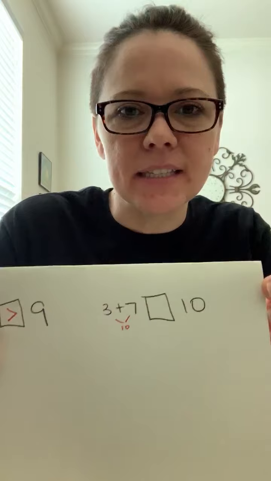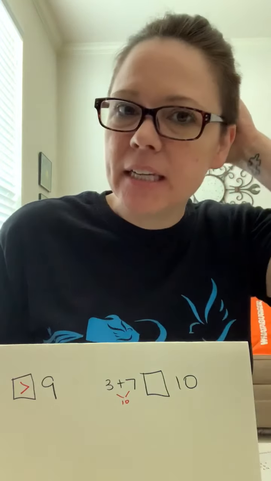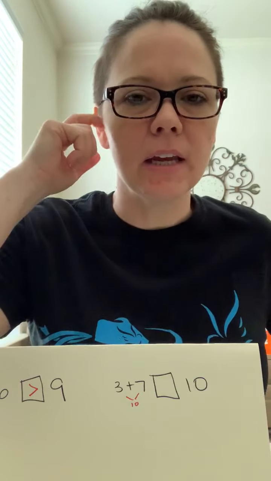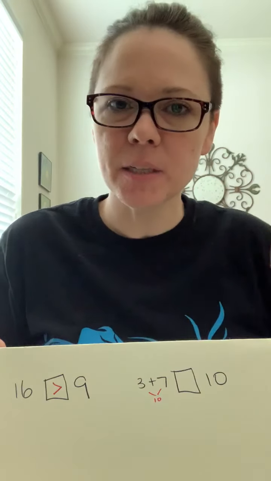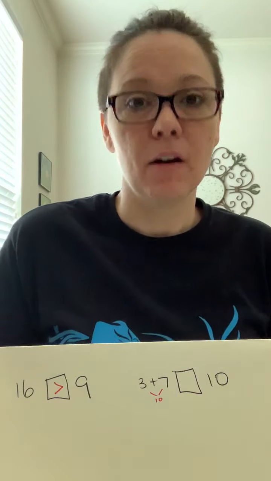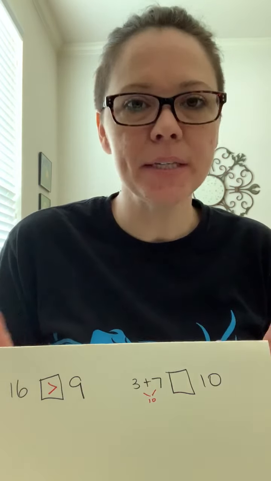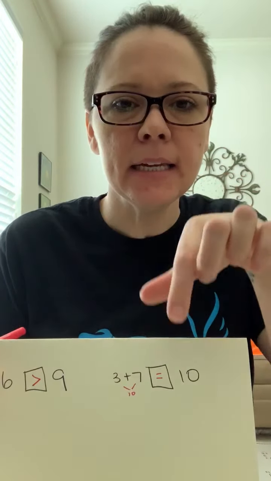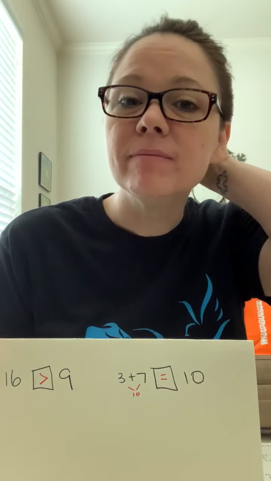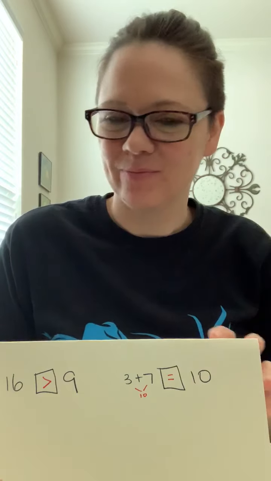So I'm going to write that like this. Okay, so now we need to decide, does our little chompy symbol want to go this way for 10 to be the bigger number, this way for 10 to be the bigger number, or are they the same and they are equal? Of course, 10 is the same as 10, so it's going to be equal. And we could say 3 plus 7 is equal to 10. Did you get that one?